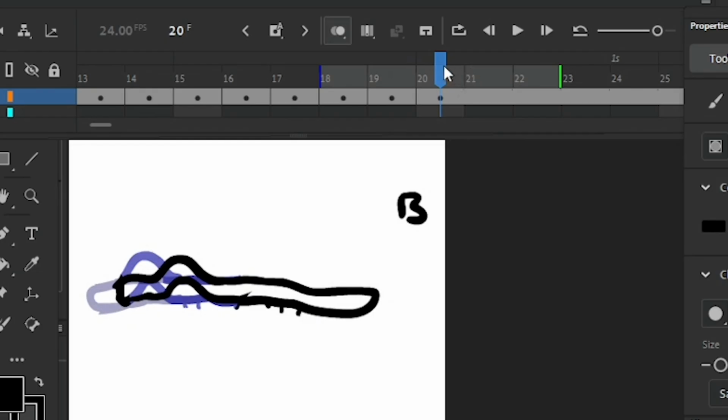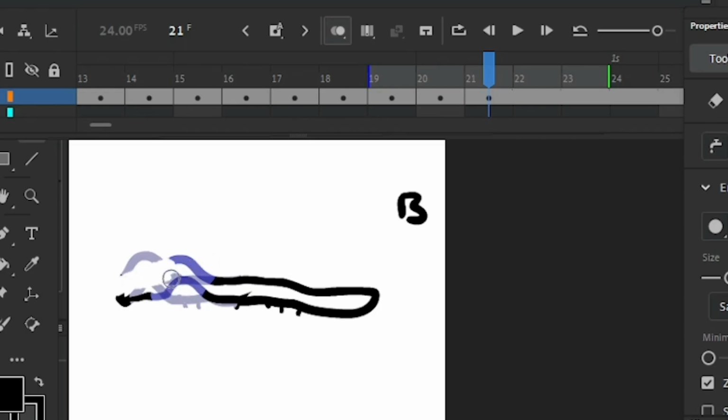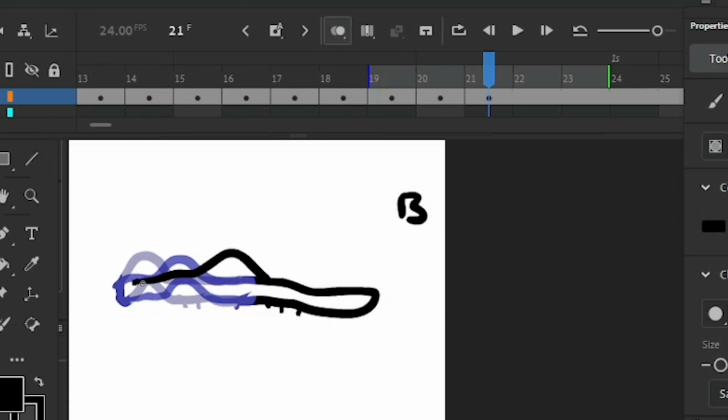See? Insert the next keyframe. I think so.